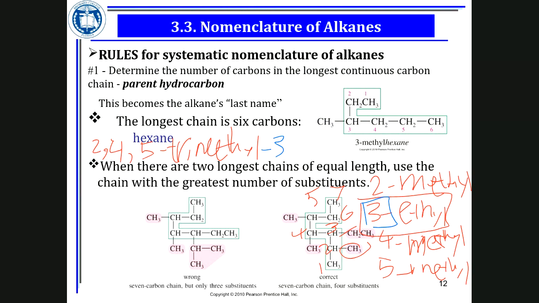Let me see. Did I miss it? No. 3 is this one. 3 has an ethyl group attached to it. This is my carbon number 3. And then there is a group that is attached, boxed in now, and that is an ethyl group because it's a 2-carbon branch. So 3-ethyl.